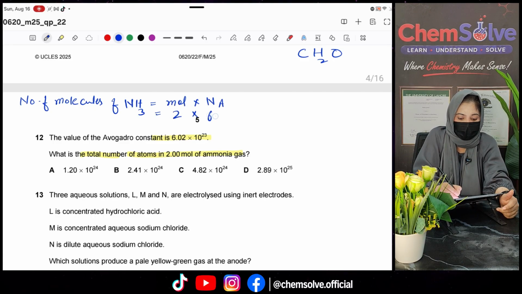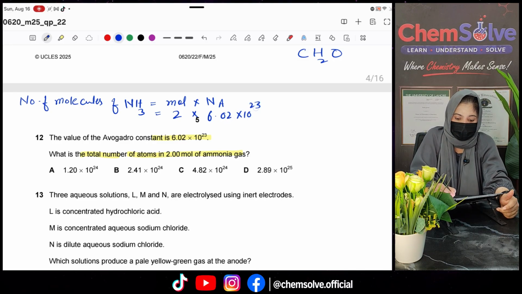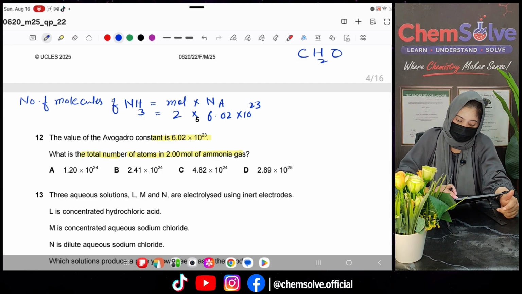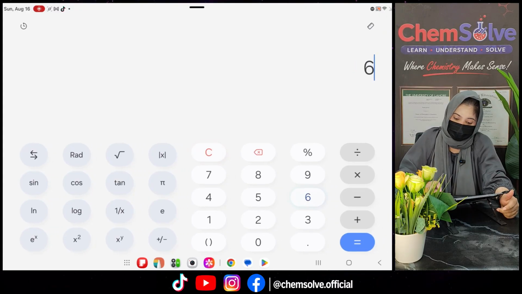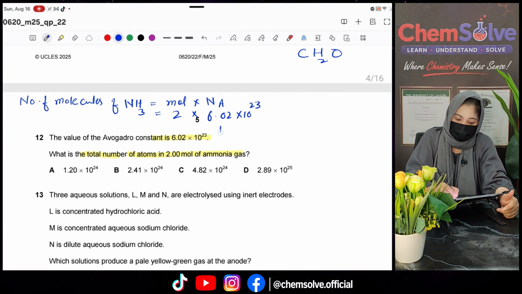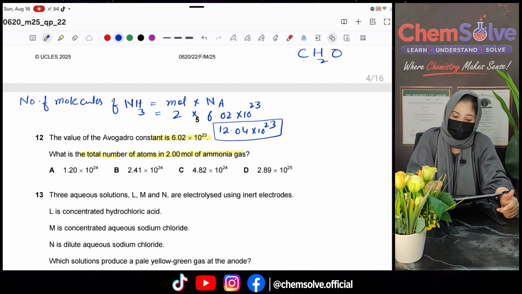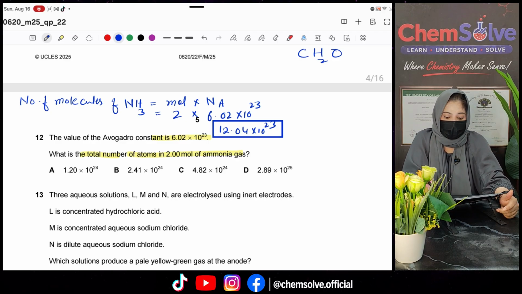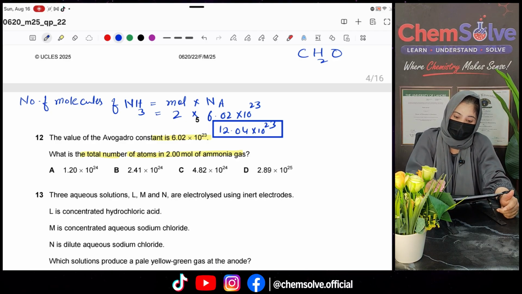Mole is 2, Avogadro is 6.02 × 10^23. So 6.02 multiplied by 2. This is 12.04. So 12.04 × 10^23. These are the number of molecules of ammonia. Okay, next.